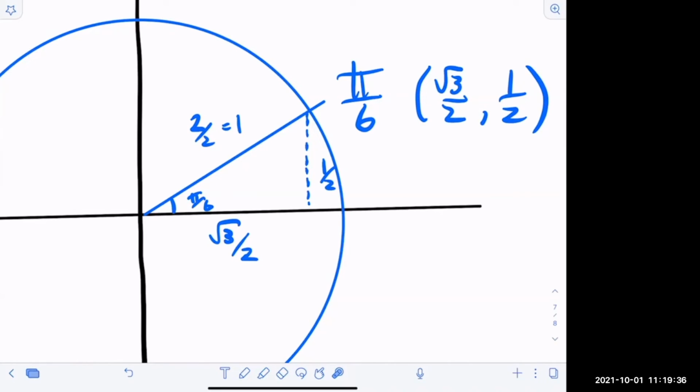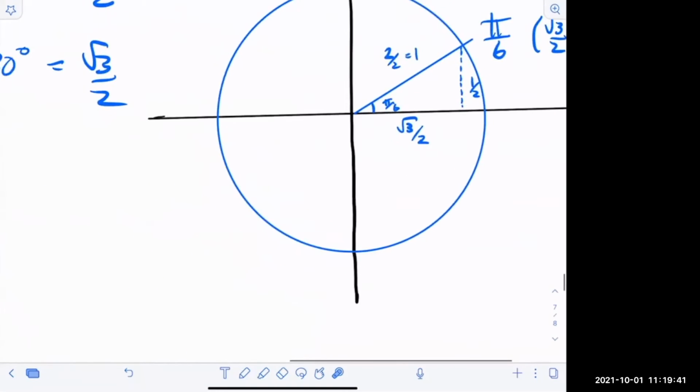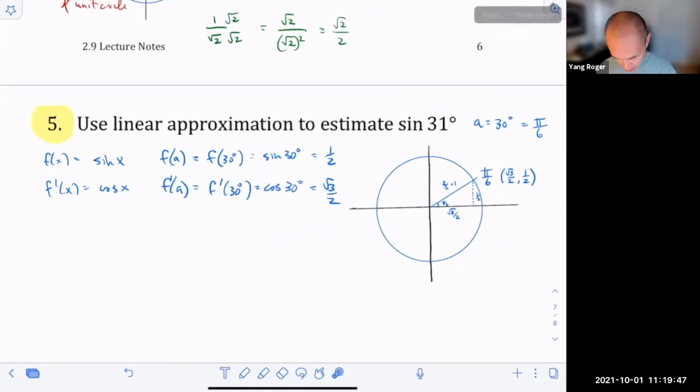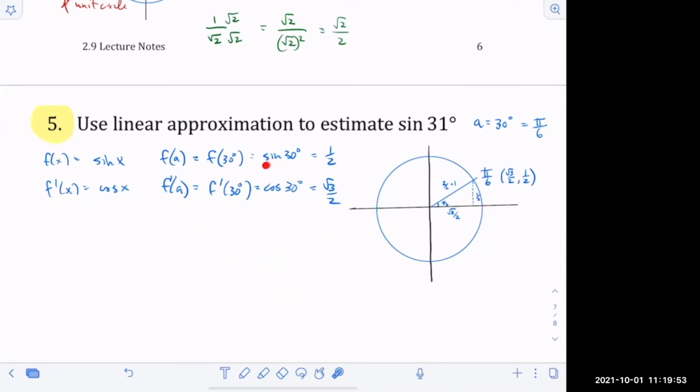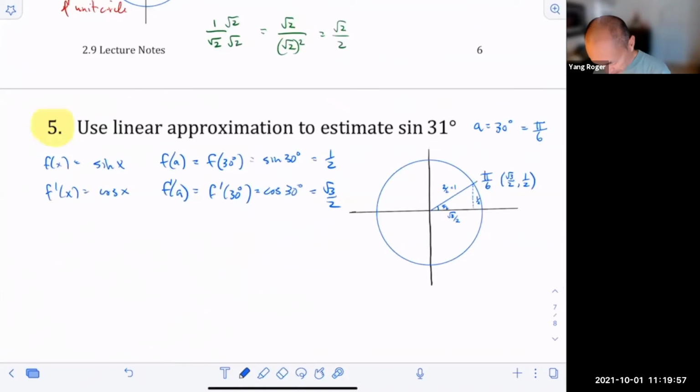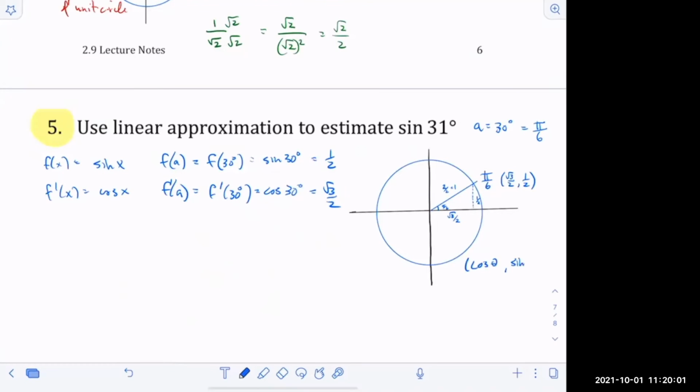Does that help? I was asking about the f of a. Like, how do you know which one to pick there? Do you know the sine of 30 degrees? No. So when you write the unit circle, it's cosine theta, sine theta.